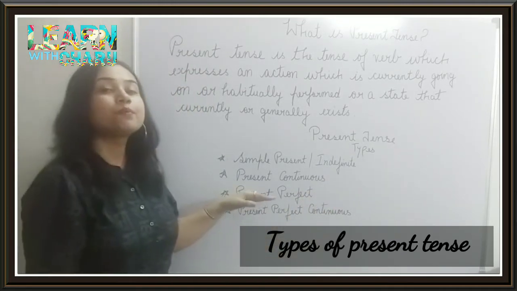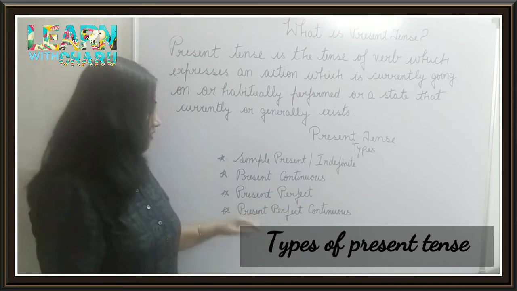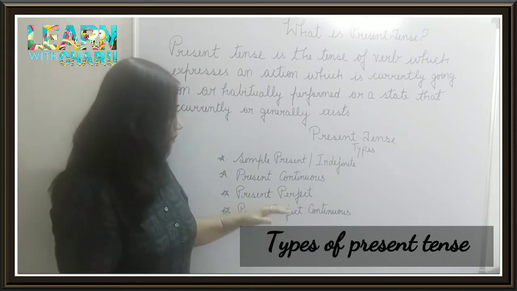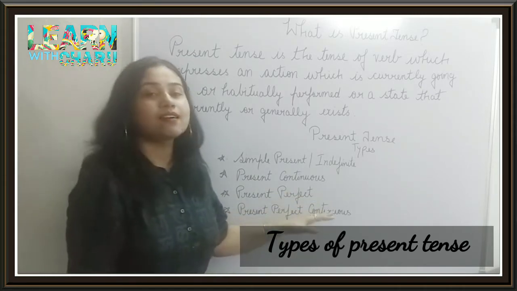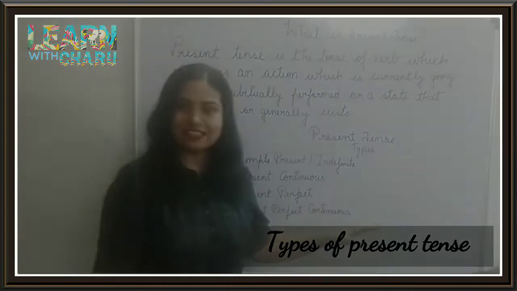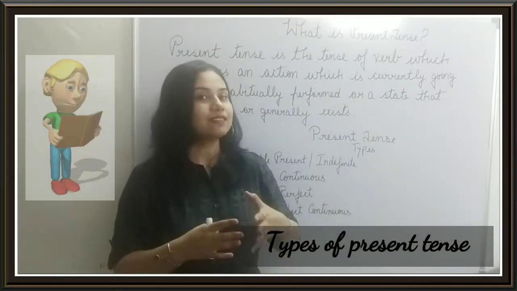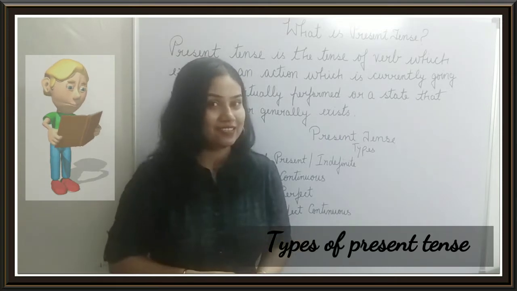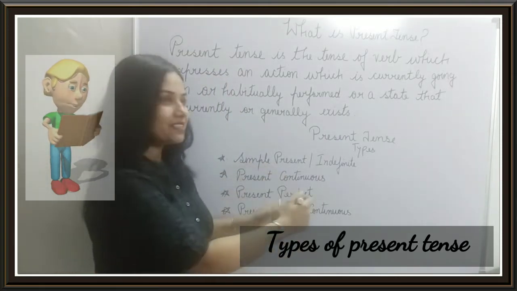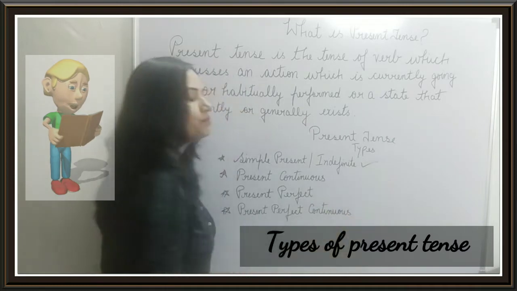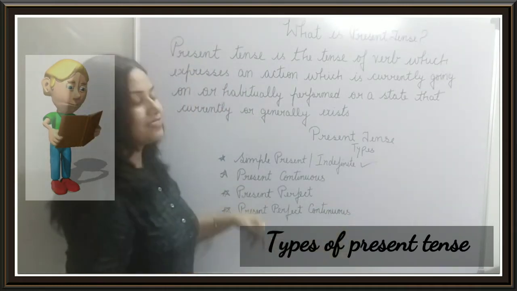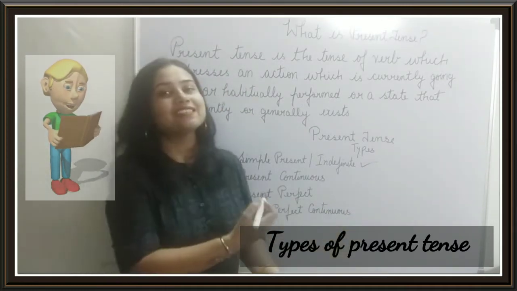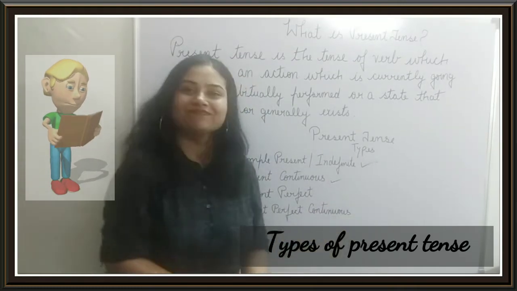Third one is present perfect. And fourth one is present perfect continuous, right? So today in this video we will learn about 2 tenses: simple present, which we can call present indefinite, and second one is present continuous. Okay?